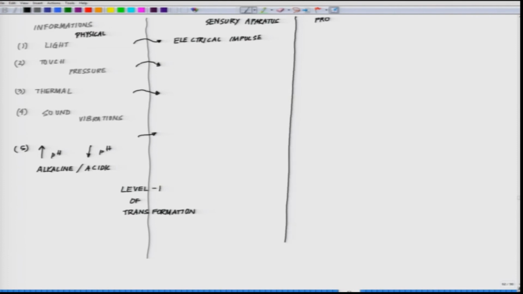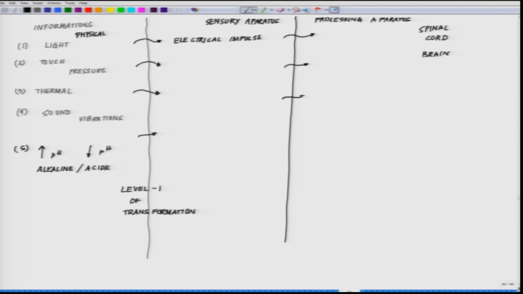These electrical signals are then moved to the processing apparatus. The processing, as I mentioned to you, could be at the spinal cord, which is the lower level of processing, or at the level of the brain, right. These electrical impulses have to travel to the processing unit.